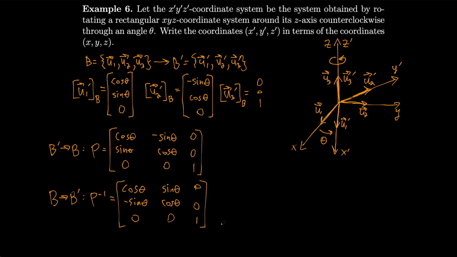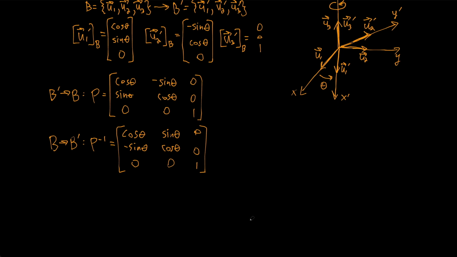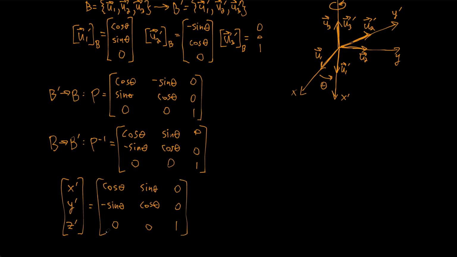So I'll take the P inverse in this case, and I'll use that to come up with a formula for x', y', z'. So that'll be equal to [cos θ, sin θ, 0; -sin θ, cos θ, 0; 0, 0, 1] times any point (x, y, z).